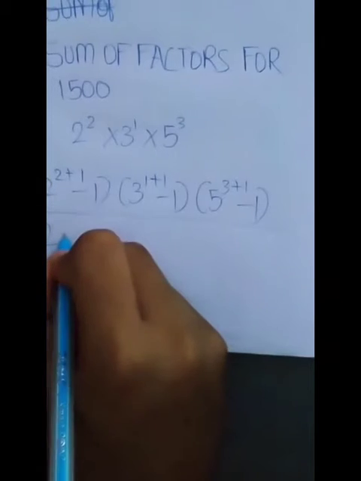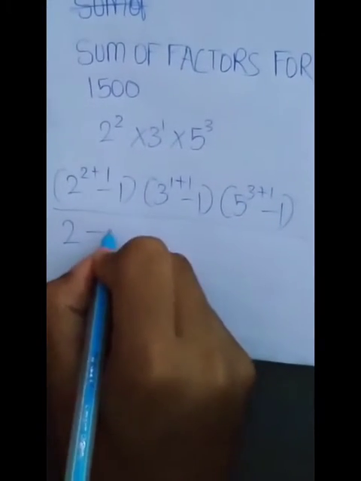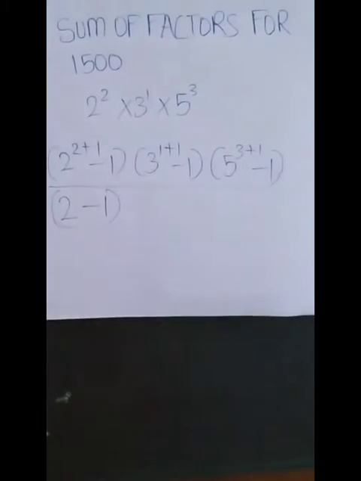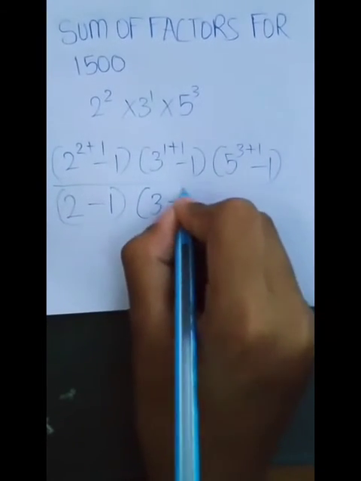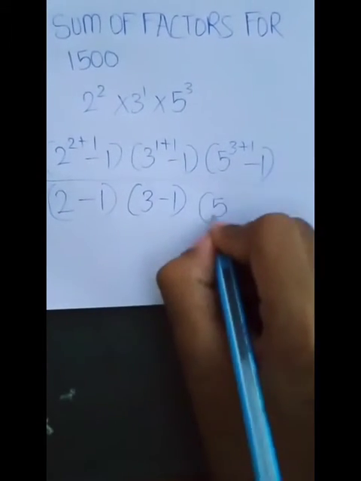All divided by (2 minus 1) into (3 minus 1) into (5 minus 1). Now this is easy.